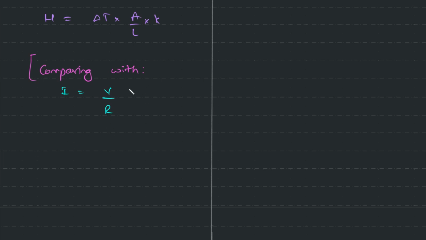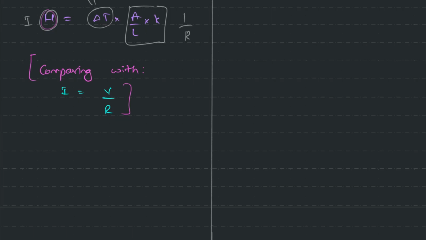If I compare this expression, you have H to be of nature I. You have delta T to be of nature V. And this expression should be 1 by R.